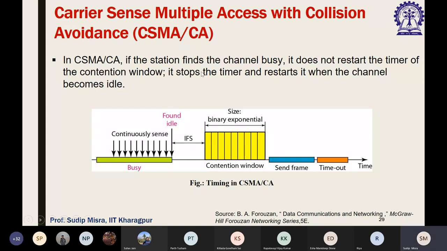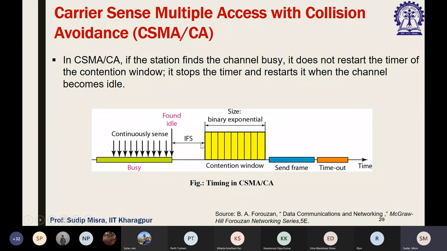So in CSMA/CA, if the station finds the channel busy, it does not restart the timer of the contention window. It stops the timer and restarts it when the channel becomes idle. This is shown pictorially over here. So this is your contention window. It continuously senses, then it waits for a certain duration of time, which is called the IFS, interframe sequence, I think, is the full form.